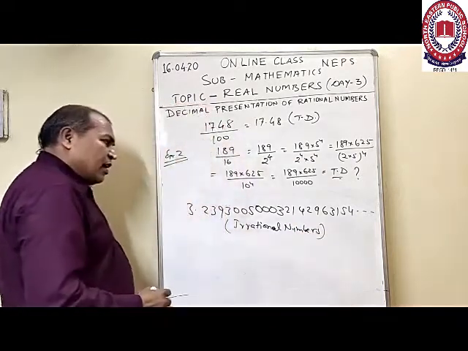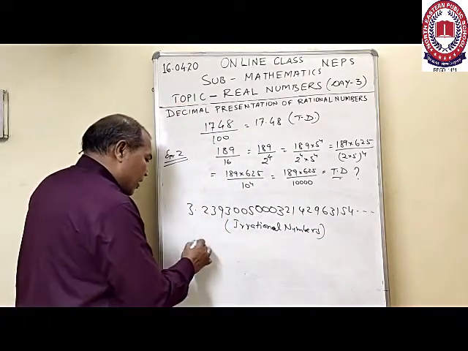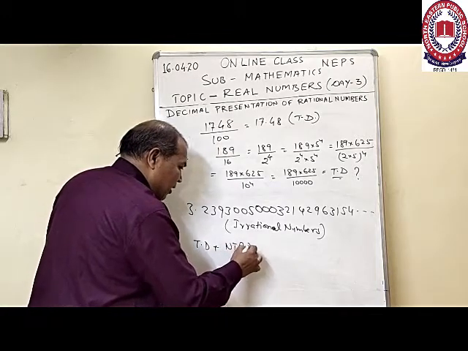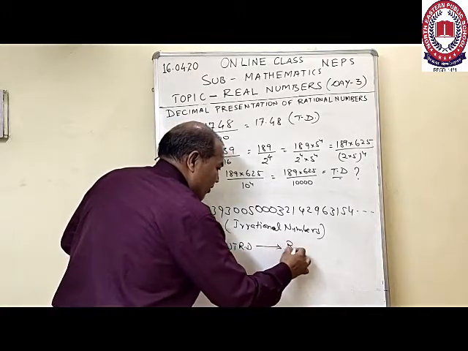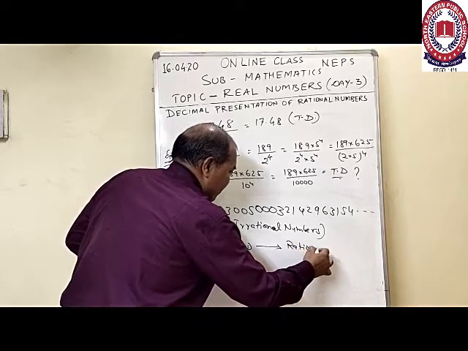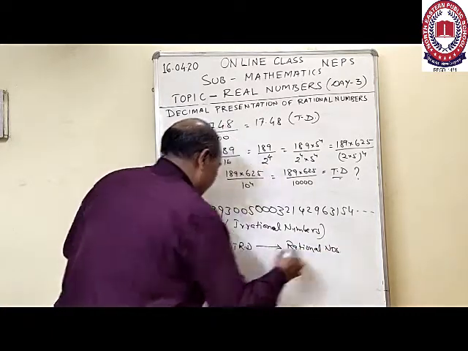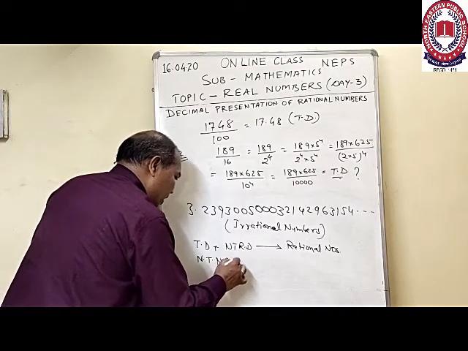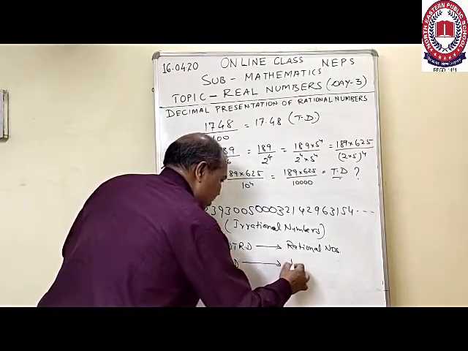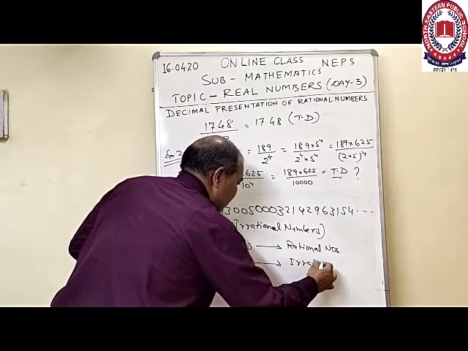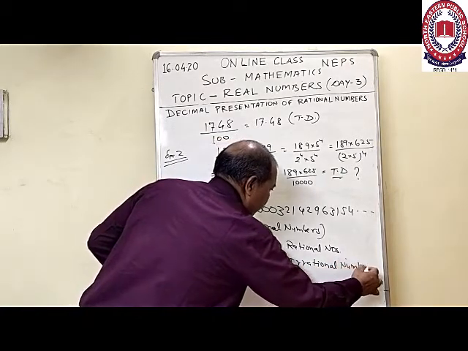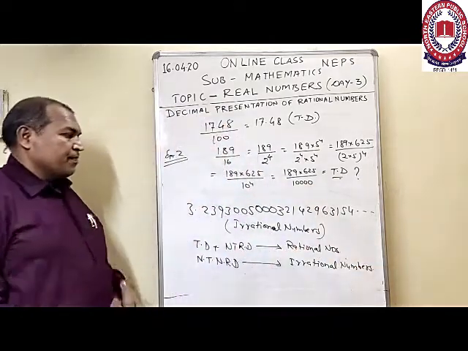So we can very clearly say that terminating decimals plus non-terminating repeating decimals always show rational numbers, and non-terminating and non-repeating decimals always show irrational numbers, right?